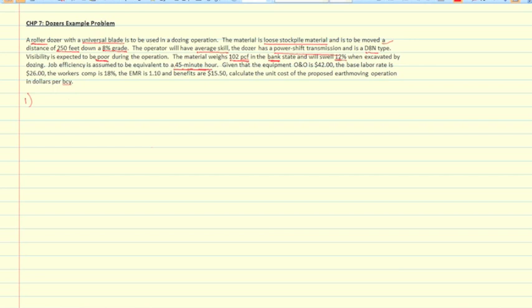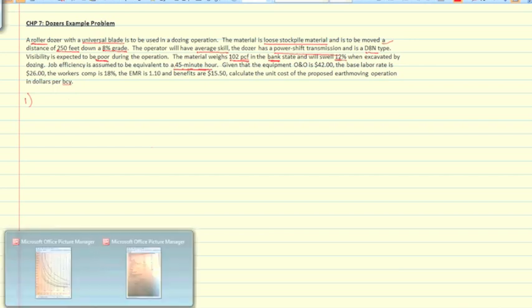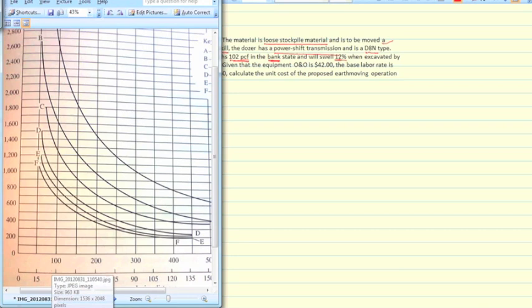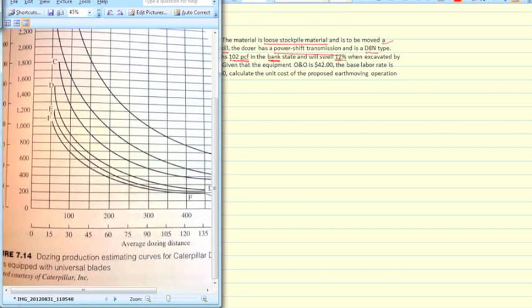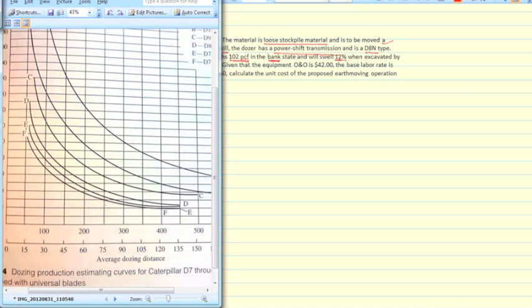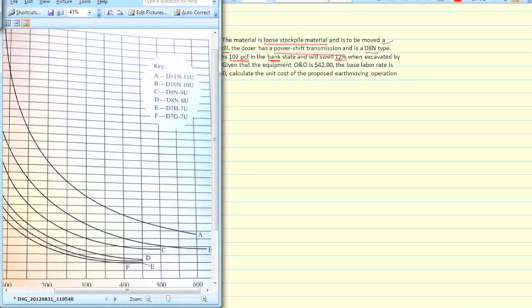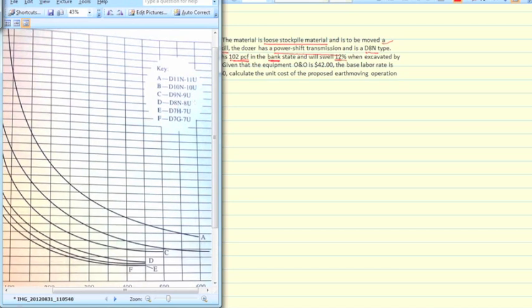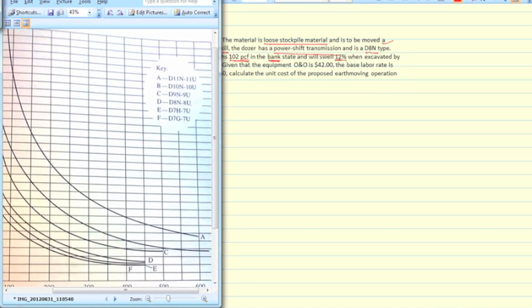So from there, you're going to go ahead and go to this chart, which is 7.14, because we're using a D7 through D11 type. We're going to find our type, which is right here, the D8 N8U, so it's U for universal blade type. So that's curve D. So here's curve D here.